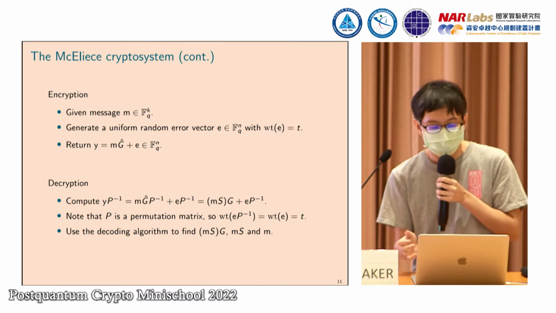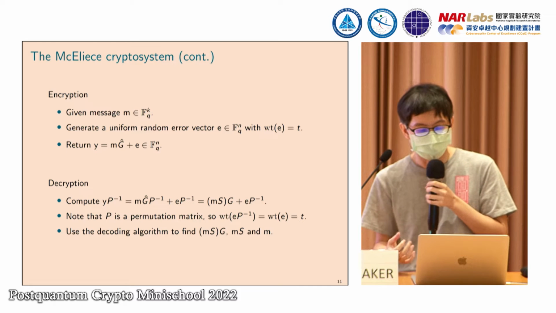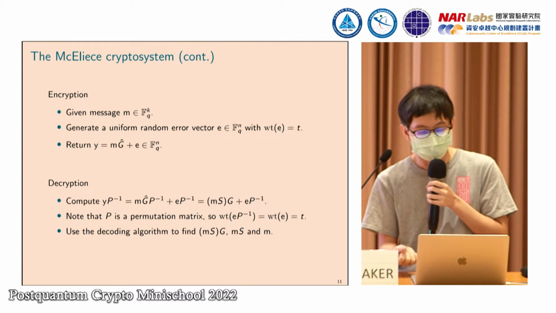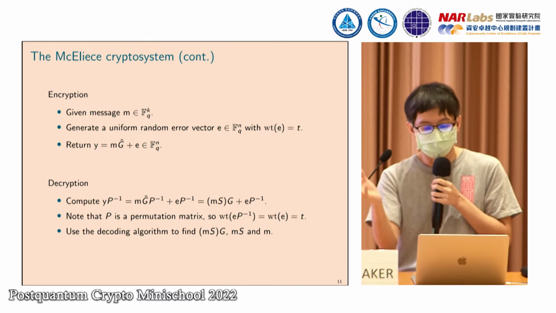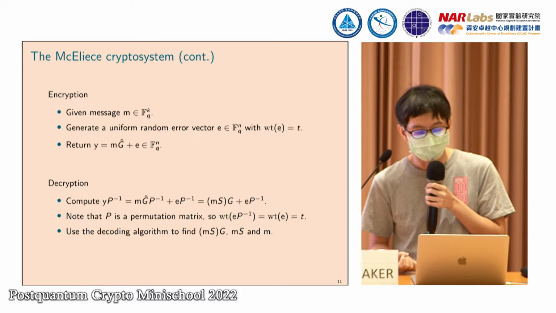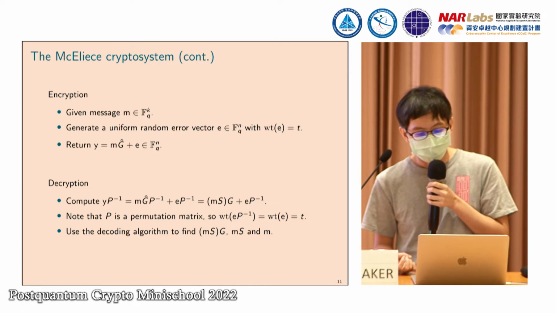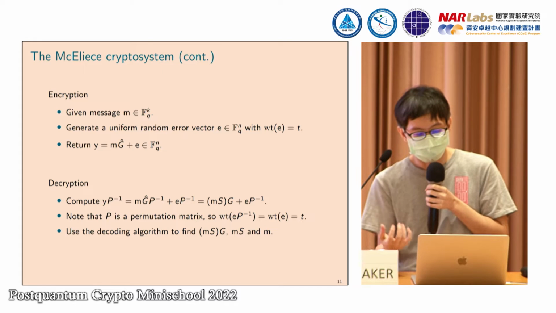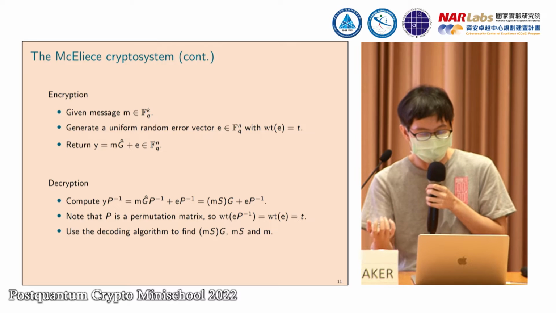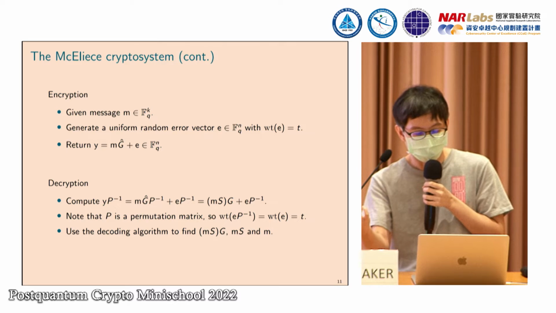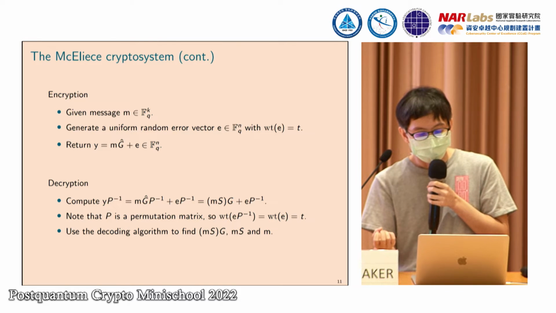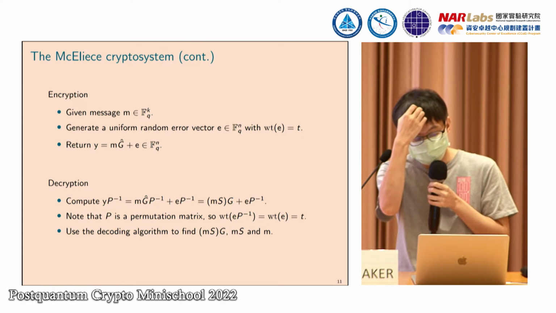Here eP inverse is just something that has the same weight as the original error vector e. So you can consider this as an instance for decoding. Because of this, you can use some decoding algorithm to find the vector mS from mSG plus eP inverse. And then from mS, it would be very easy to compute the vector m.